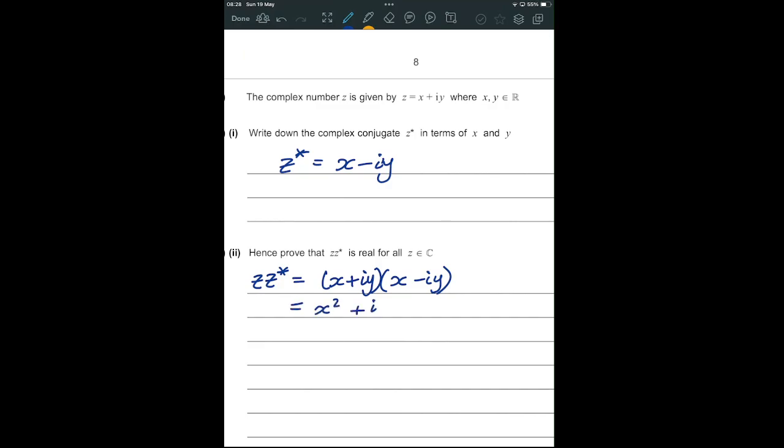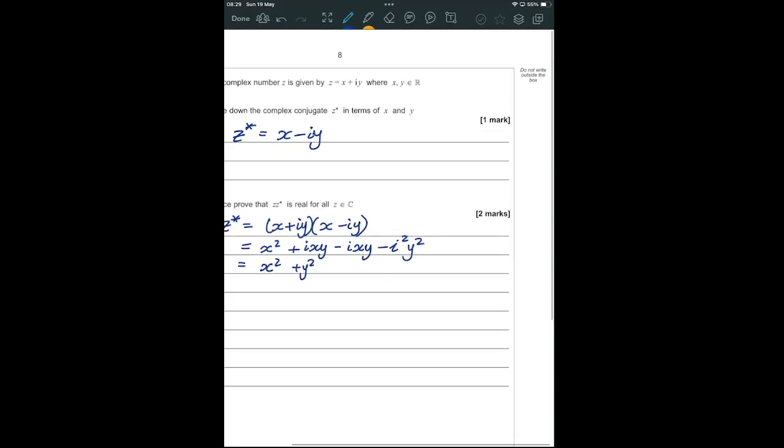Now to start with, all we're doing is a bit of FOIL, expanding out brackets. I am going to do this last bit slower. I'm actually going to write in that i squared, and then I can get rid of it. I'm going to put a little comment on the side as i squared equals -1.